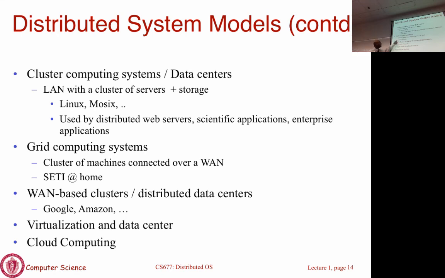In that context, we'll also look at volunteer computing, using applications like SETI@home and whatnot. We'll come back to that as well. Now, what you see today are these last three bullets. These are WAN-based clusters or distributed data centers. All modern large distributed systems are based on this model. Google is a good example.